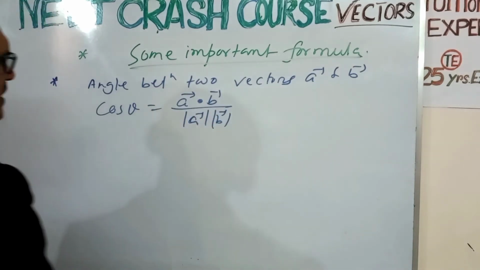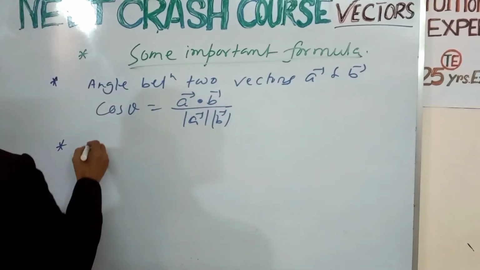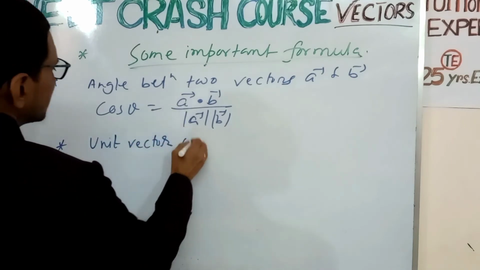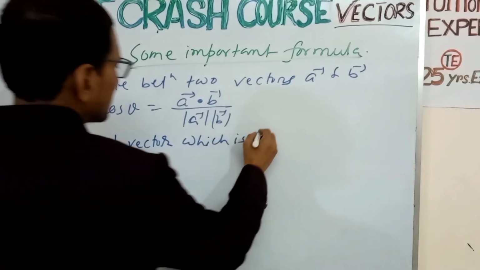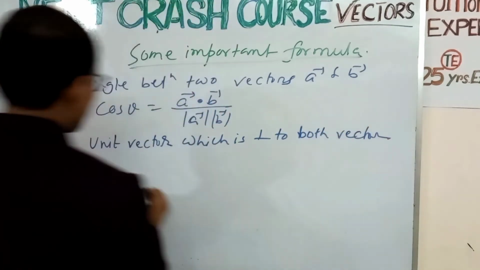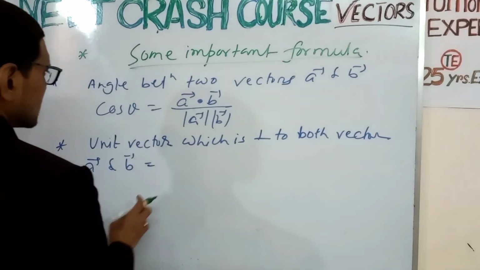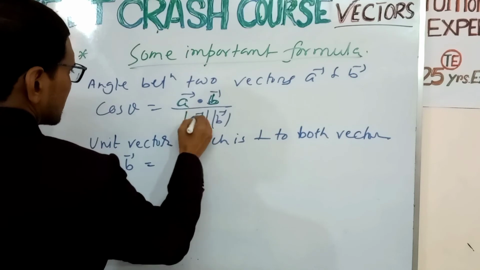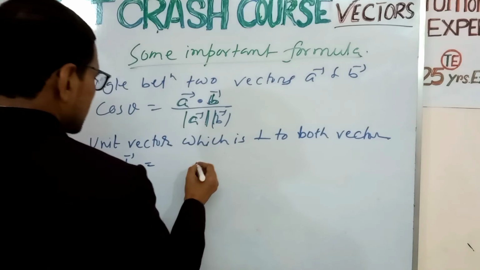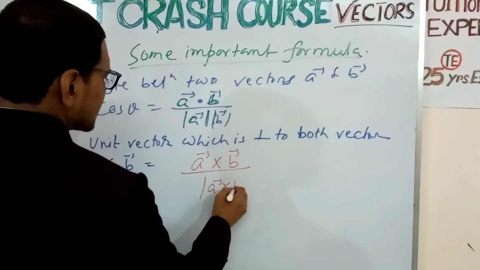So if we want to find the angle between two vectors, we can use this formula. Next, the unit vector which is perpendicular to both vectors a and b is a cross b by the magnitude of a cross b. This is the answer.